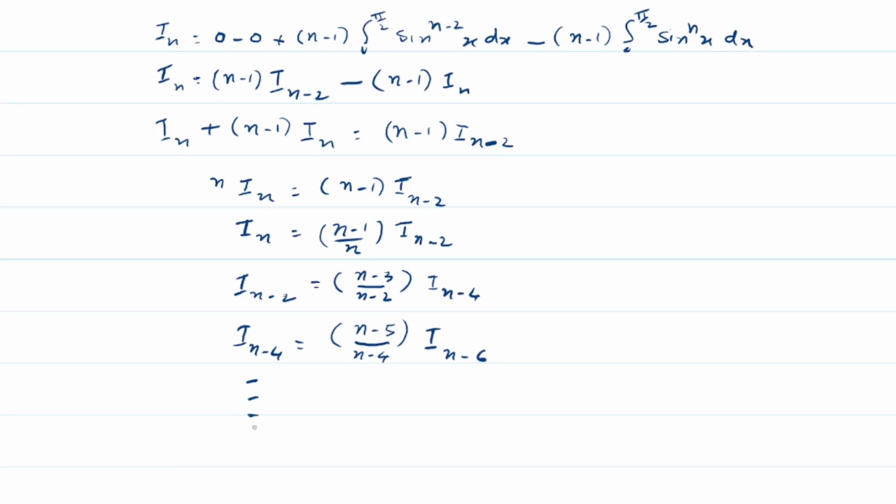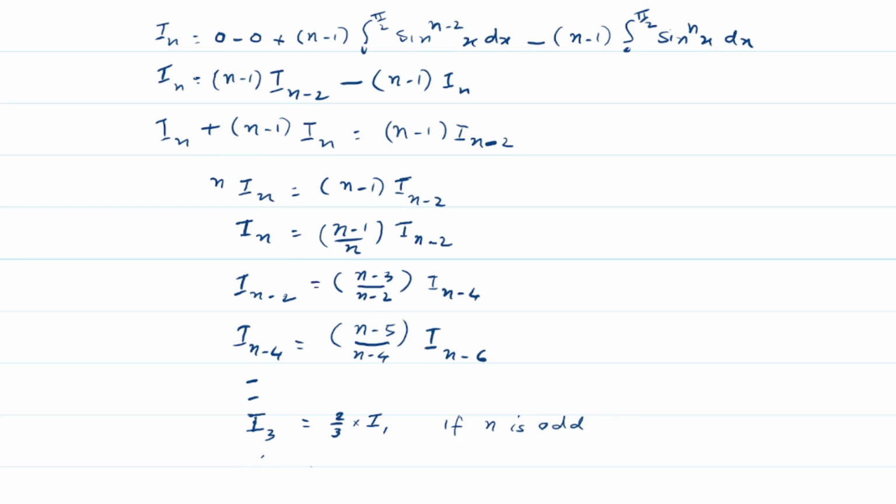So if n is odd, the last term will be I_3. The finishing term of this I_3 will be equal to, 3 means 3-1, that is 2 by 3, into, when it is n-2, so 3 means 3-2, so I_1.